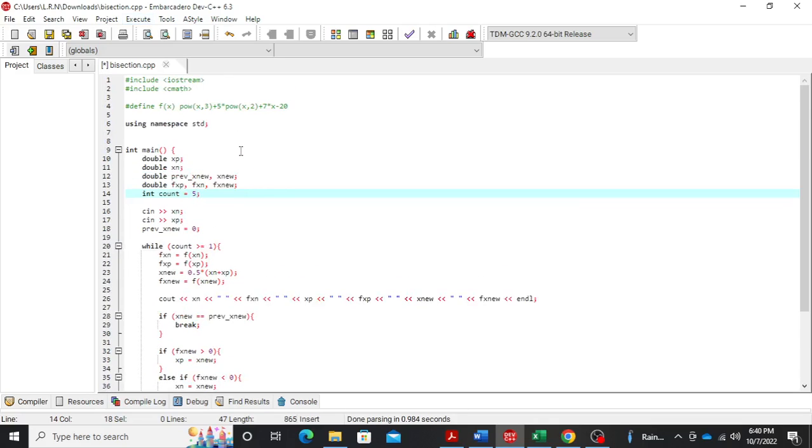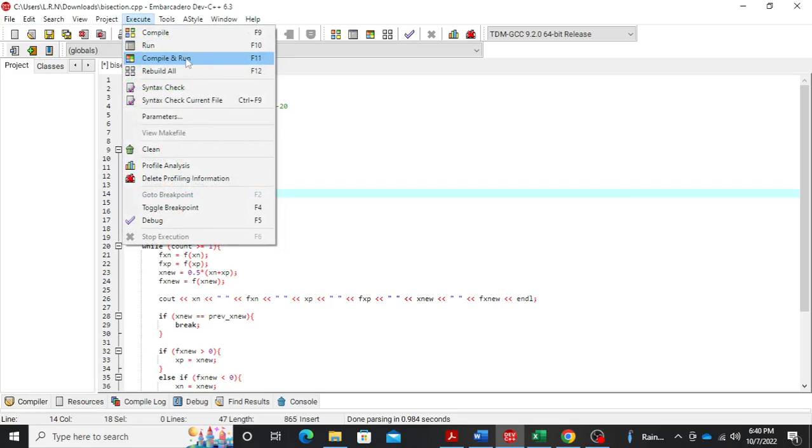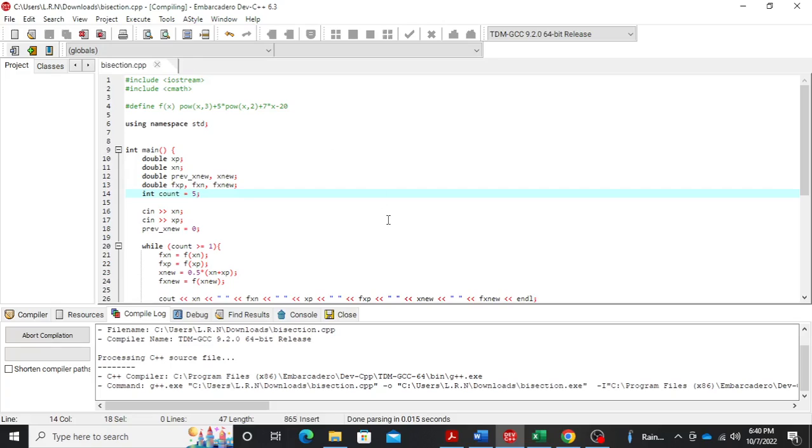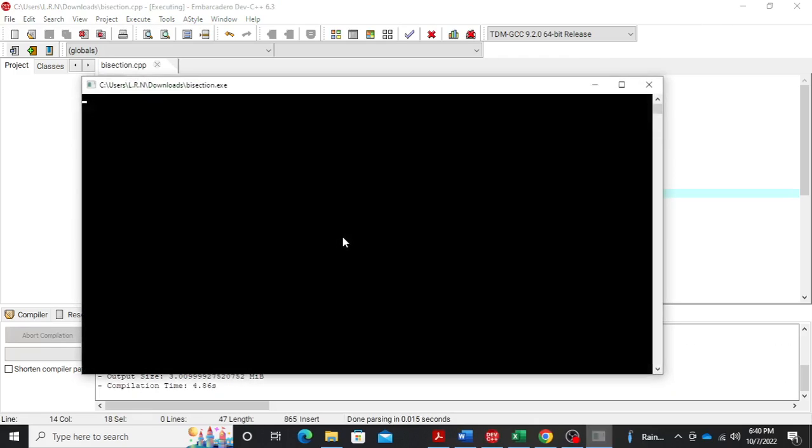To run this program, we will click compile and run. Just wait for it. Here in the CMD prompt, we will input initial values of 1 and 2, meaning they are the initial values for our program.